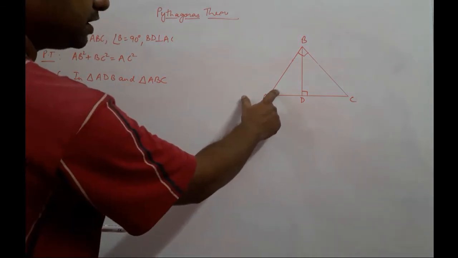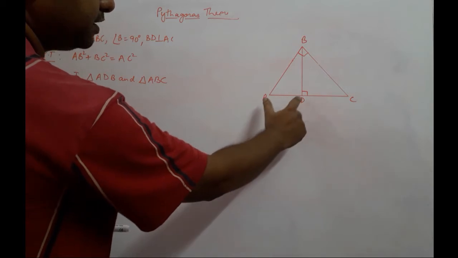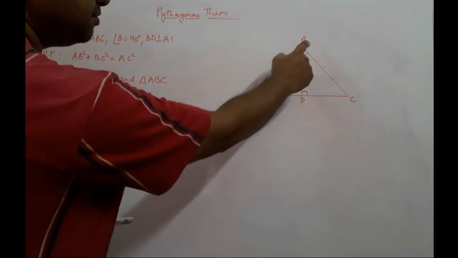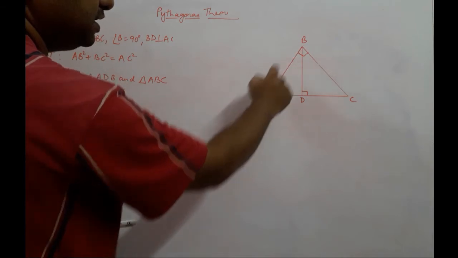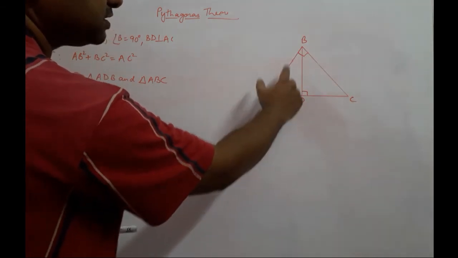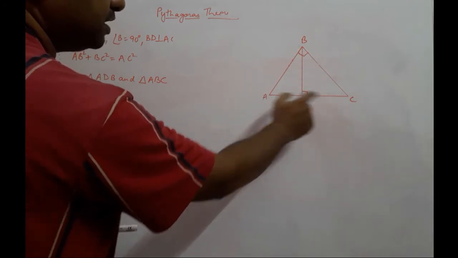Okay, angle BAD in case of this triangle ADB is the same as angle BAC, the bigger angle of this big triangle ABC.